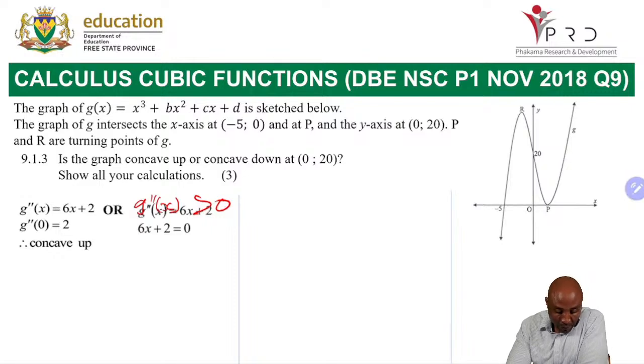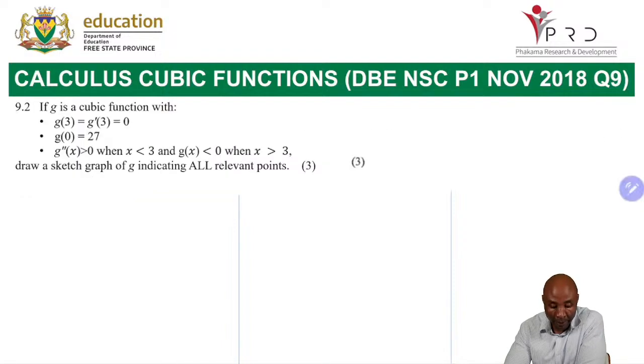Now, we use that, we get our point of inflection as -1/3. That's where concavity changes, and therefore it's concave up because our point of inflection is -1/3 and 0 is on the other side. It will give us concave up.